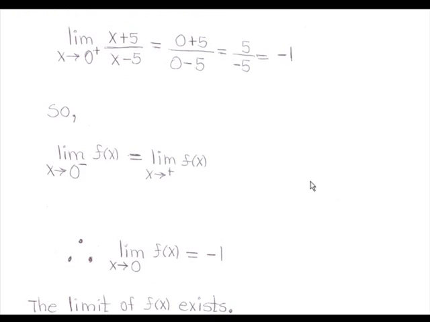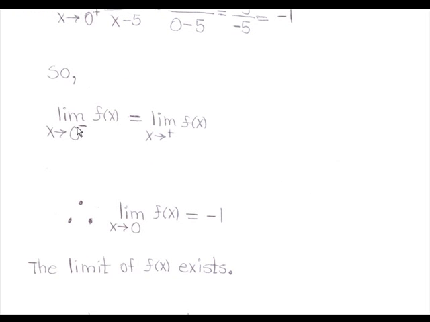So now we discovered that the left-hand limit and the right-hand limit are both equal. Since the right and left-hand limits are the same, these three dots mean therefore we can now say that the limit of f of x as x approaches 0 is equal to negative 1.